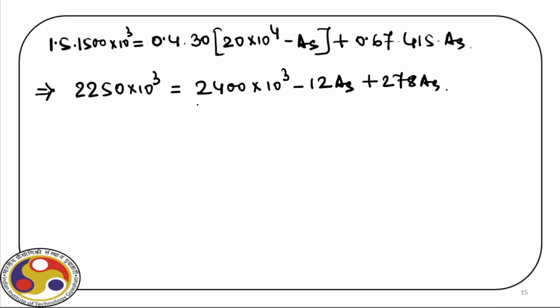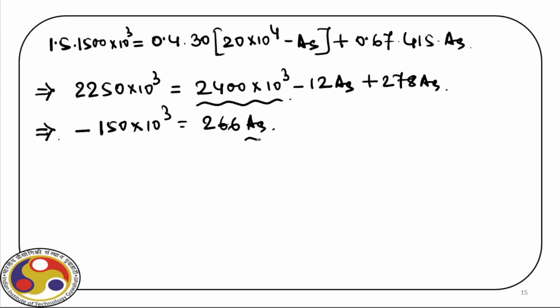So now you can see this value is actually more than what we have on the left hand side. That means if we subtract, we'll have negative on the left hand side. So let us just write that expression. So we have minus 150 into 10 to the power 3 is equal to 266 AS.